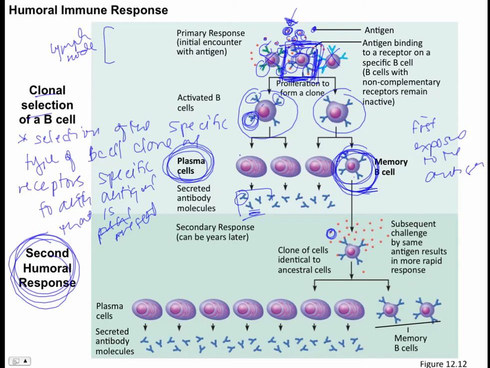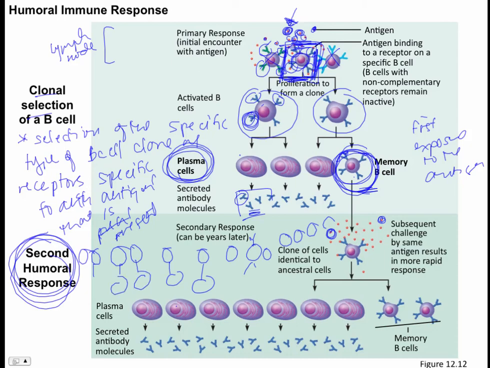Imagine your response. Before you only had a few of these memory B cells, now let's say you have 20 times as much. All these 20 other memory B cells that you've created all have these exact same type of receptors. They all come into contact with this antigen, and each of these are going to produce their own plasma cells, which produce their own antibodies.